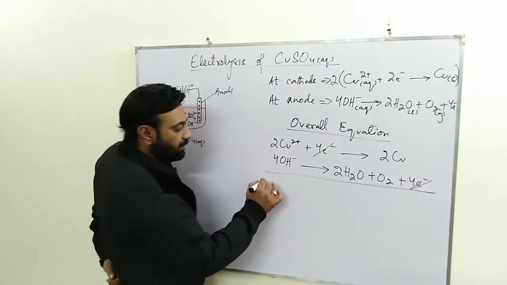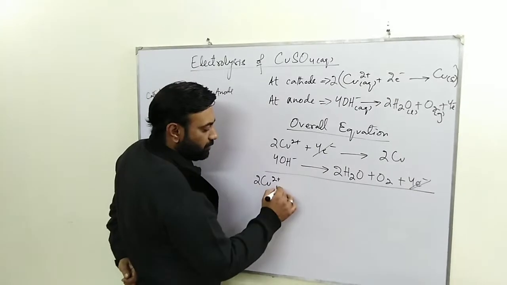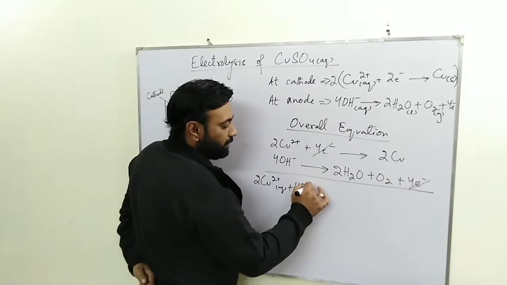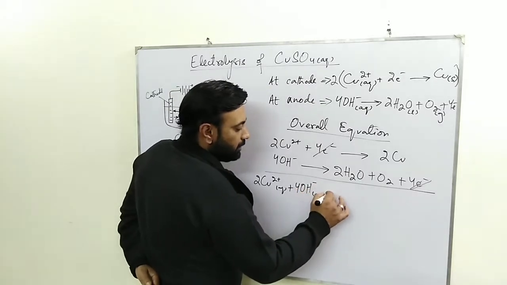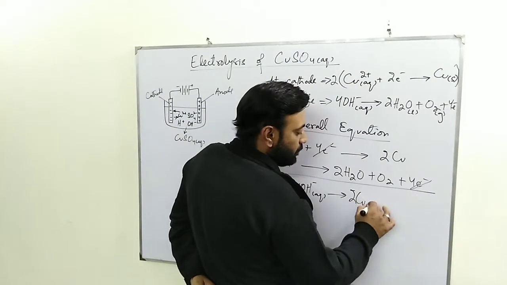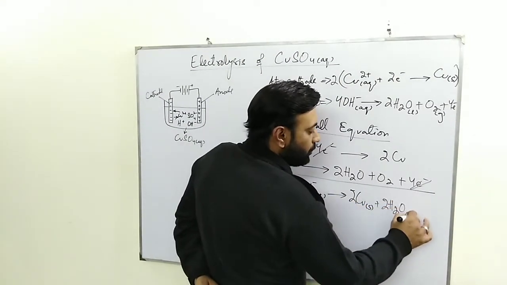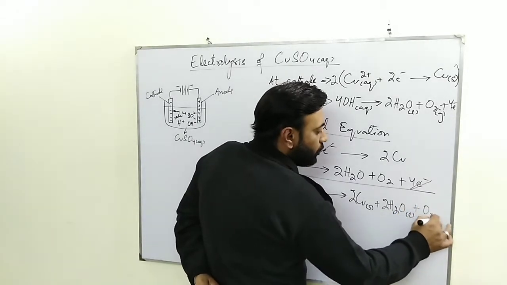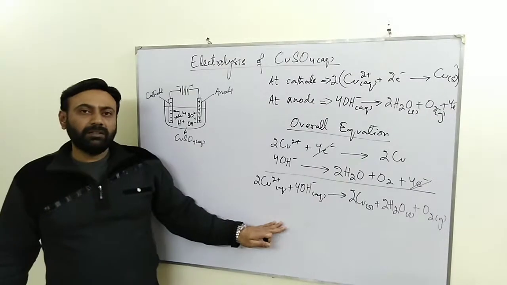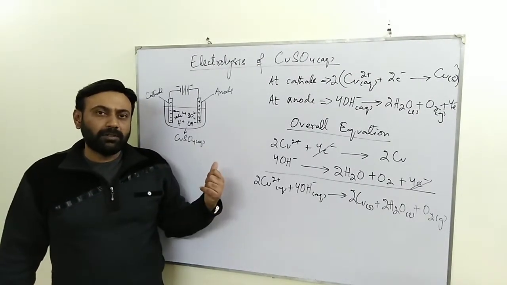The remaining reactants are copper ions, 2Cu2+, and hydroxide ions, 4OH-, and on the product side we have 2Cu, 2H2O and O2. This is the overall equation, the redox equation for this particular electrolytic cell.